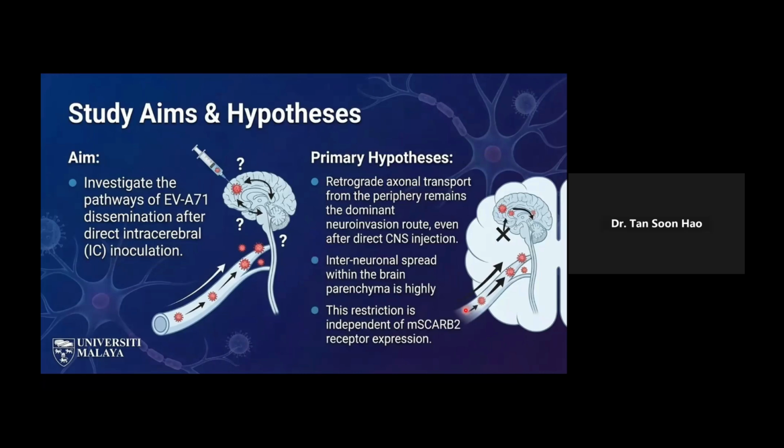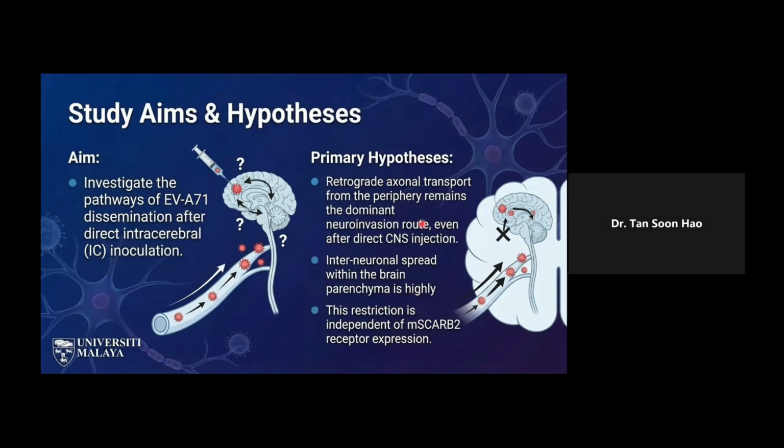To answer this, we would like to investigate how EV-71 disseminates after IC, or intracerebral, inoculation of the virus directly into the brain. And this is our hypothesis. The retrograde transport still plays an important role.